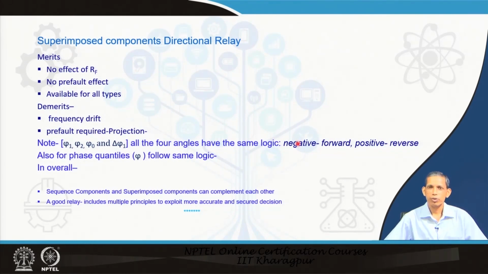Negative angle means forward fault, positive angle means reverse fault. The same logic we applied in case of the phase quantities also, whether it is 90 degree connections or normal phase quantities. So, overall the sequence components and the superimposed components can complement each other.